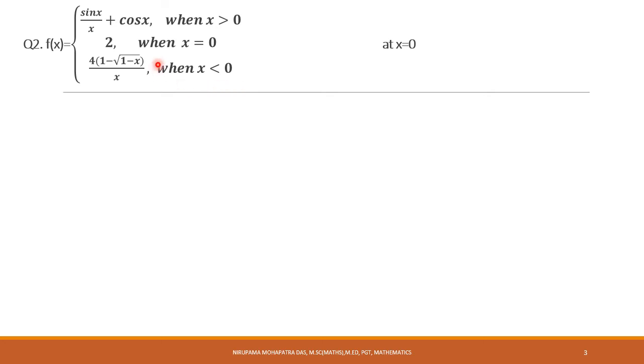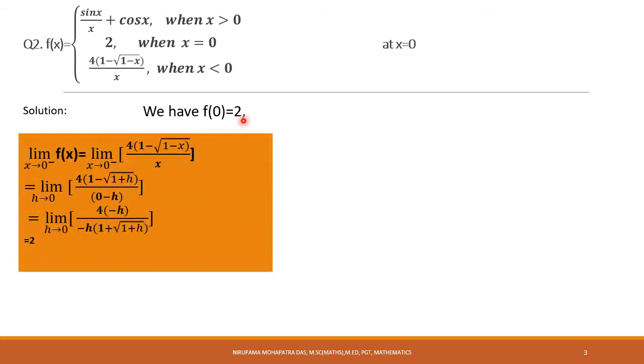We have to examine continuity of this function at x equal to 0. So here also, like the previous question, when x equal to 0, f(x) equal to 2. It means f(0) equal to 2. Now LHL and RHL we have to find.